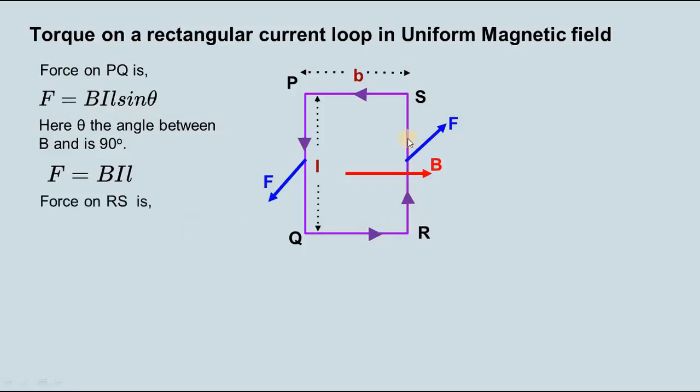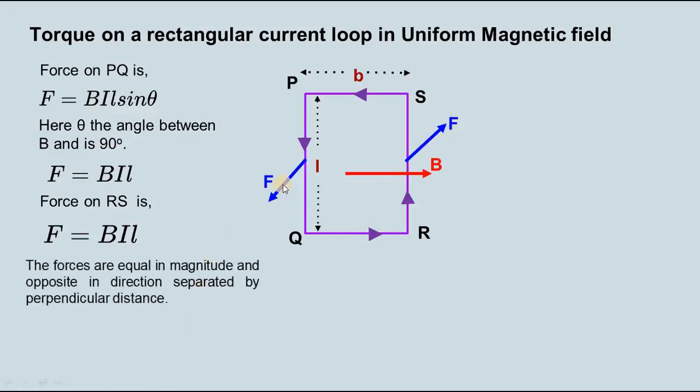Similarly, the force on conductor RS is given by F equal to BIL. The direction of this force is perpendicular to RS and inwards, as shown in this figure.